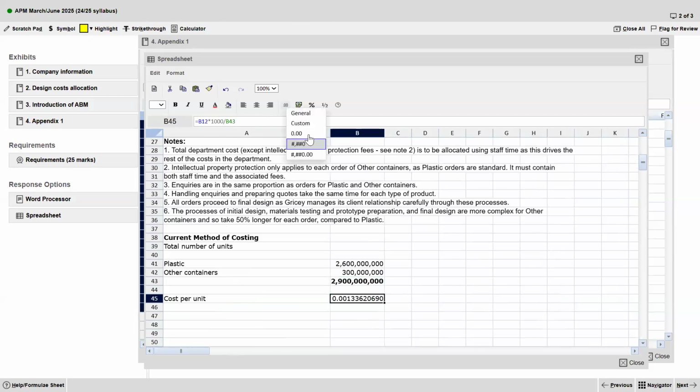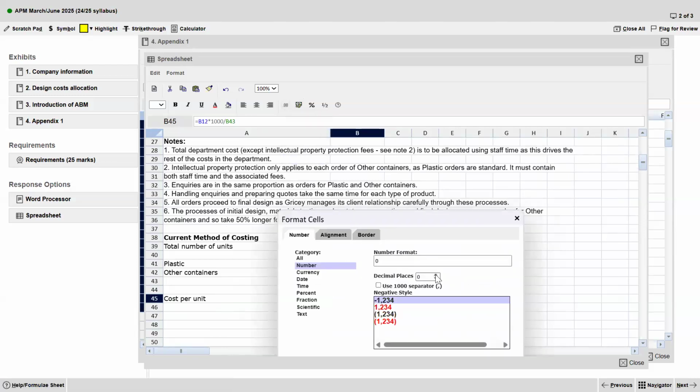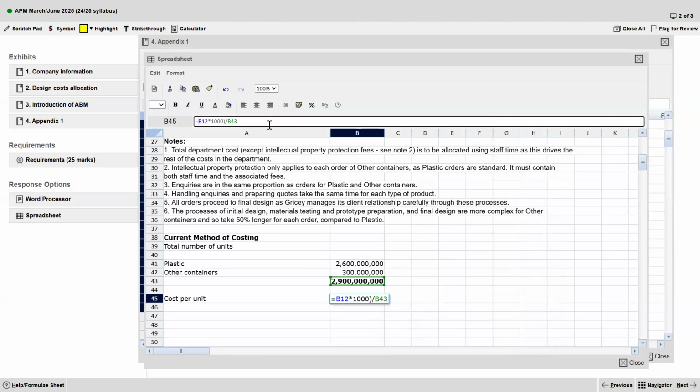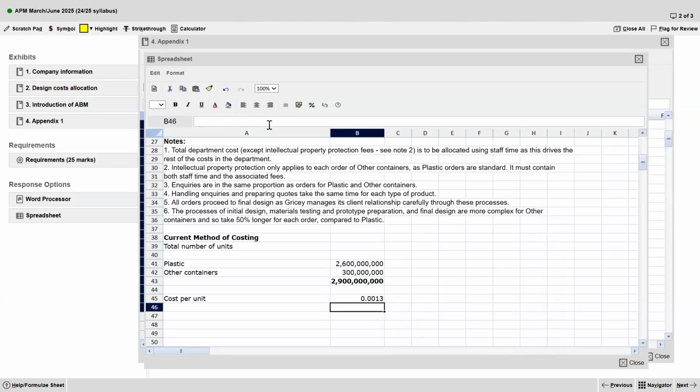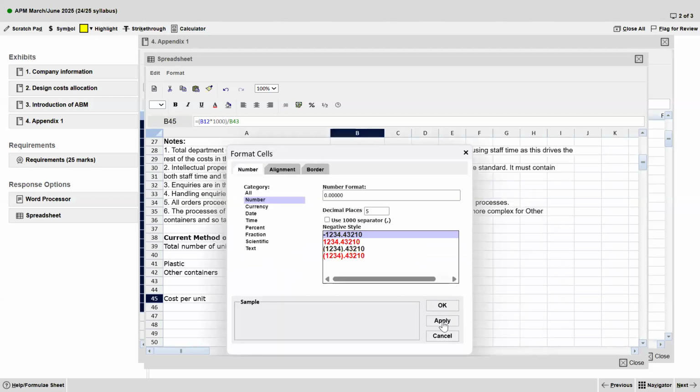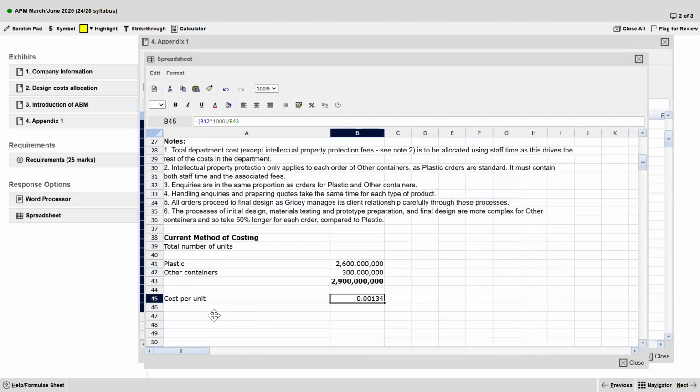So 0.0013. Now if I try to increase one more decimal, let's say make it 5, this is what it is.